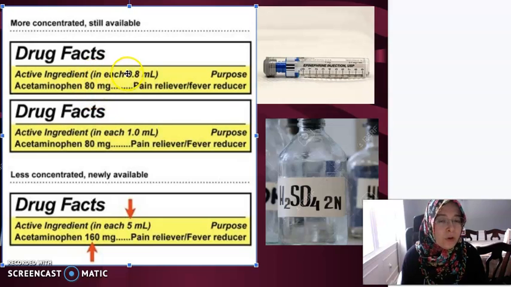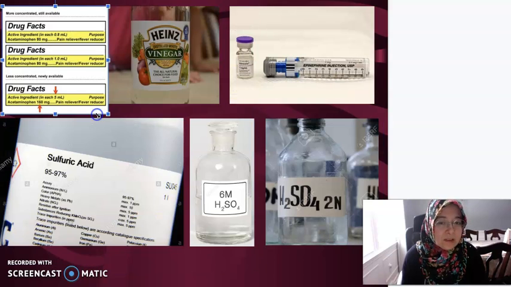In each 0.8 milliliter, 80 milligram will be the active painkiller ingredient. This is volume, this is mass.